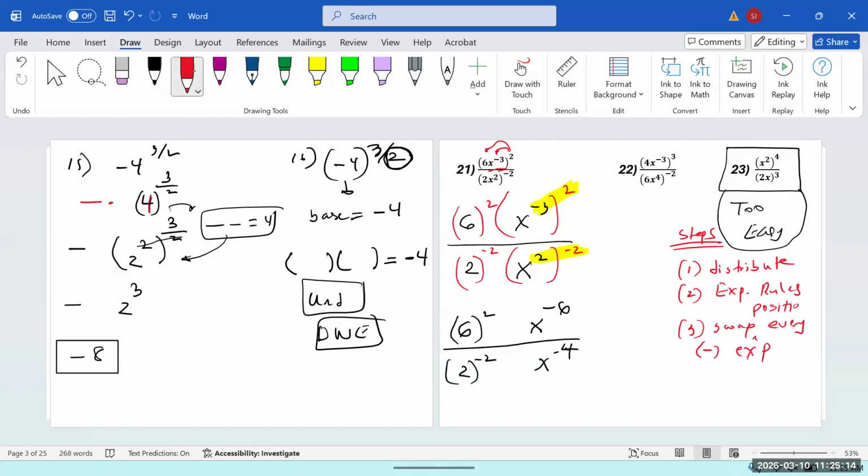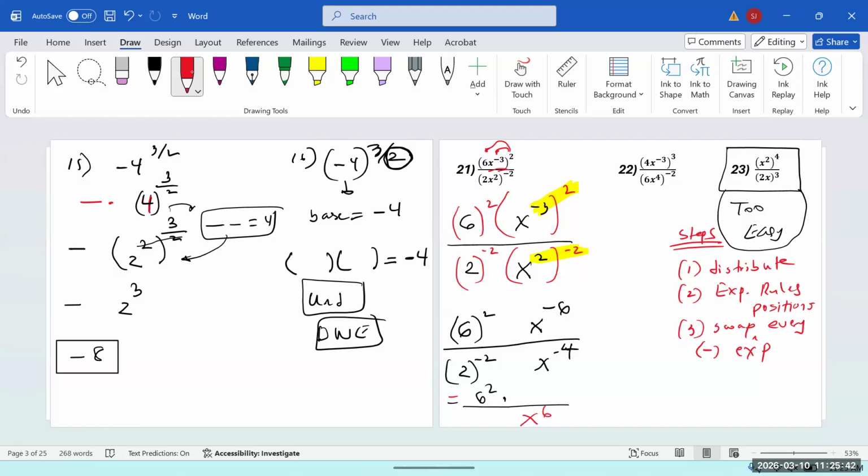Swap position for every negative exponent. So the 6 squared, does 6 have a negative exponent? No, so we keep it. Does x to the negative 6 have a negative exponent? Yes, so we need to swap it to the denominator.